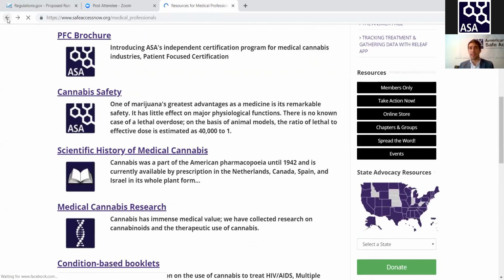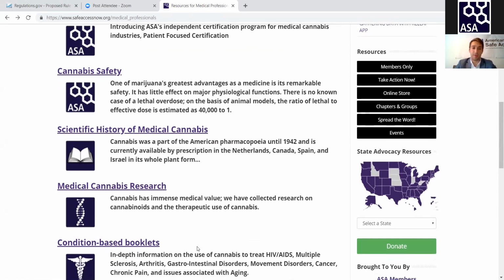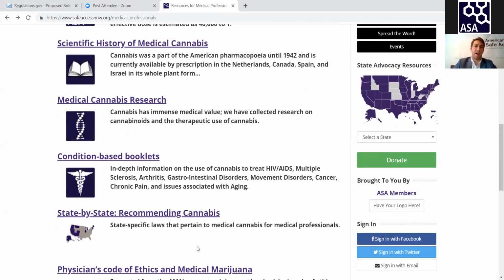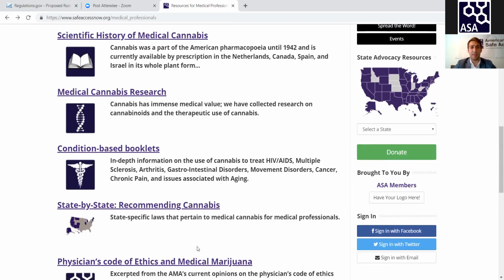Another great place is PubMed, or some of the scientific journals that regularly publish peer-reviewed studies, clinical studies.